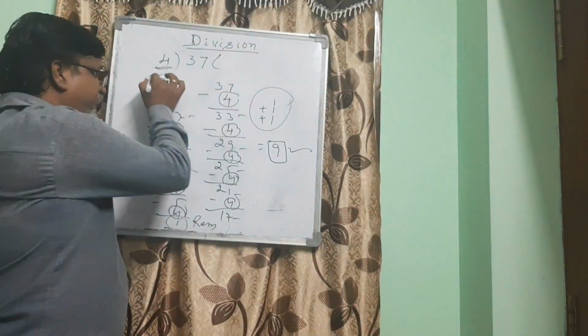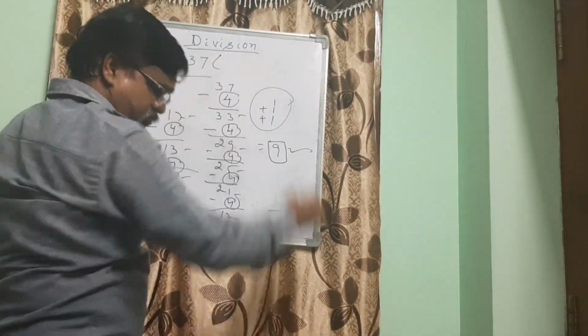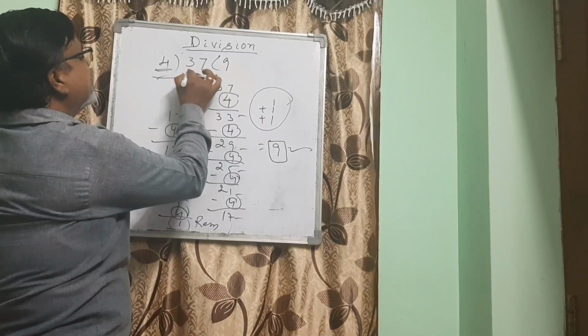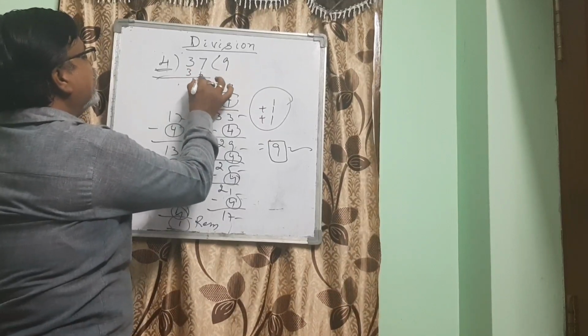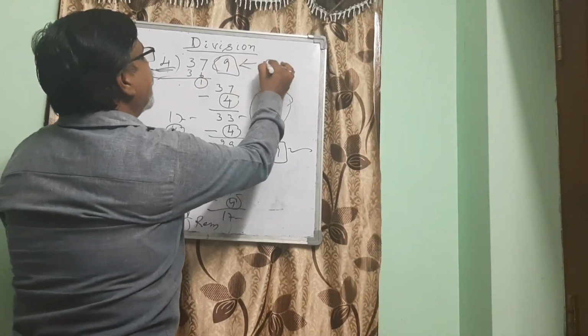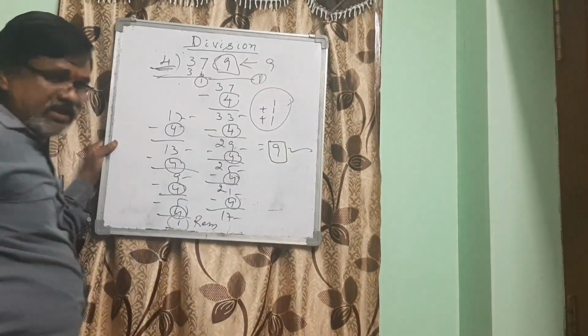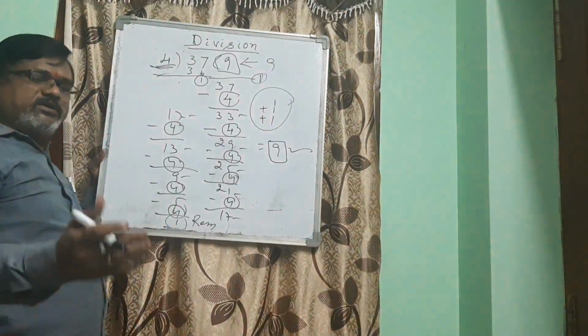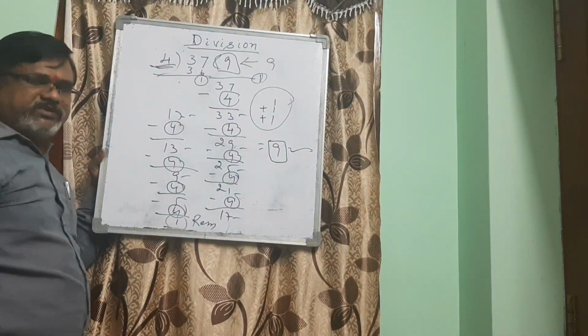Even as you know the ninth table, simply you write 4 nines are 36, then subtraction, 1, this is lesser than 4, so we stop here. So quotient is 9, remainder is 1, because it is our simple mathematical operation of division. But in our computer it is not possible, because there is no division operation directly.